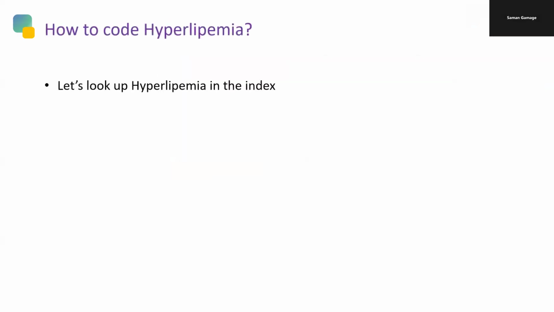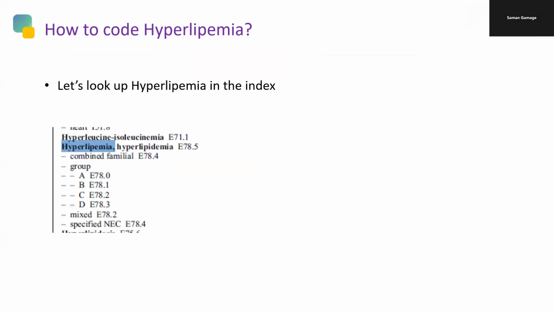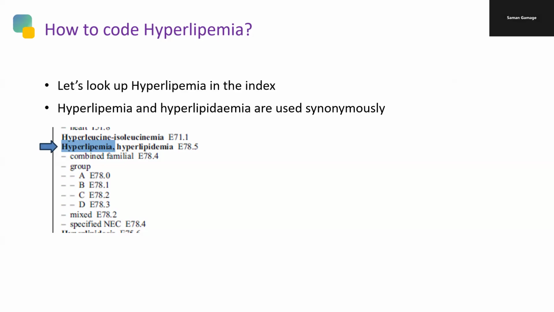Okay, similarly, let's go through some coding examples of diagnostic suffixes. How to code hyperlipemia. Let's look up hyperlipemia in the index in volume 3. And hyperlipemia is here. And you can see hyperlipemia and hyperlipidemia are used synonymously.